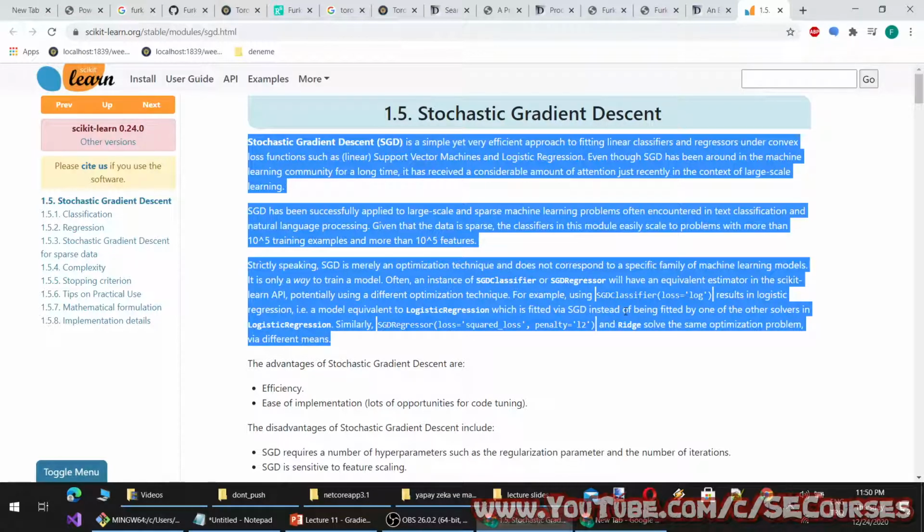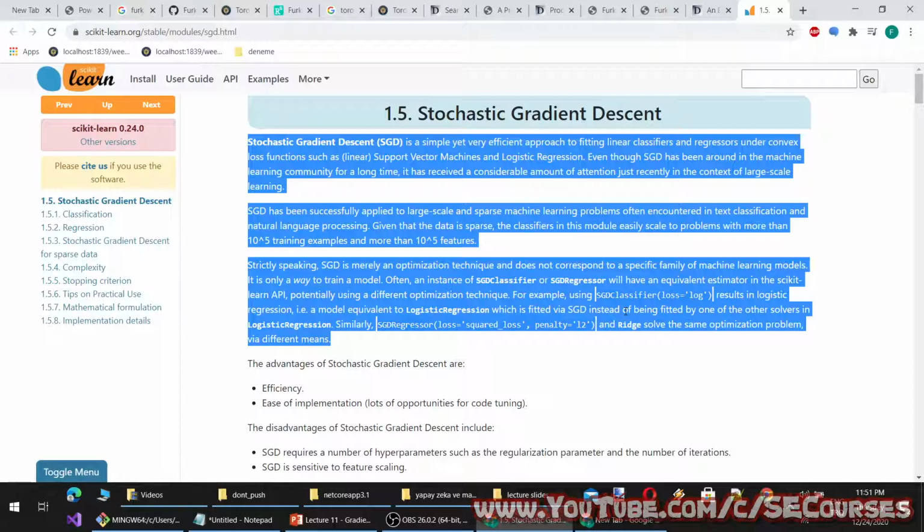Stochastic gradient descent (SGD) is a simple yet very efficient approach to fitting linear classifiers and regressors under convex loss functions such as linear support vector machines and logistic regression. Even though SGD has been around in the machine learning community for a long time, it has received a considerable amount of attention just recently in the context of large-scale learning.